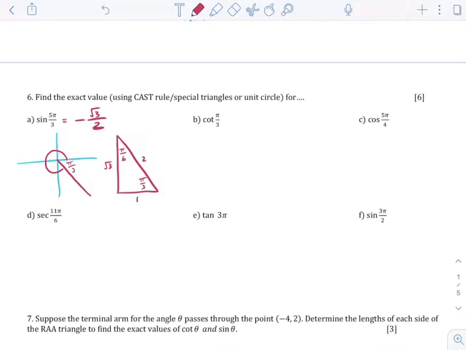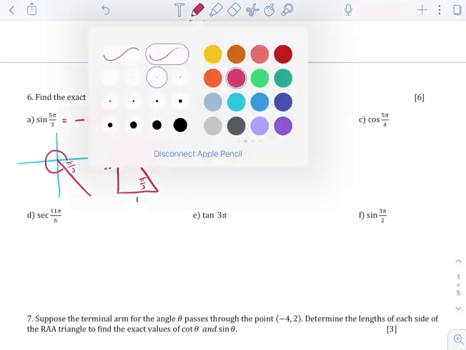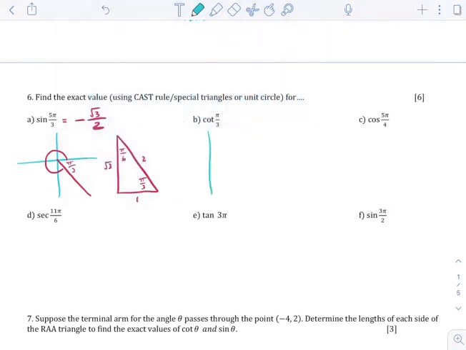So that's that one. Cotangent, pi over 3. Well, pi over 3 is in the first quadrant, so I know everything's going to be positive there. So I know the answer is positive something. Then I have to look at my pi over 3, and I'm trying to find cotangent. So cotangent is the reciprocal of tan.